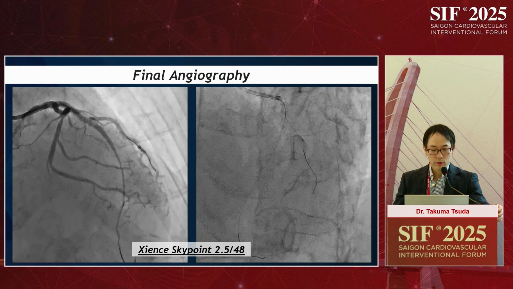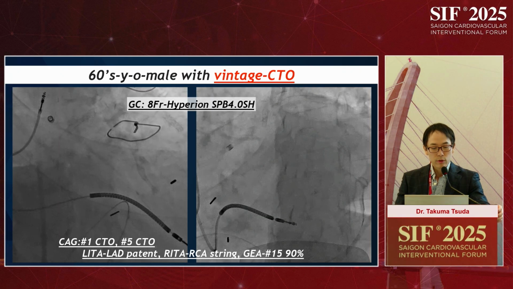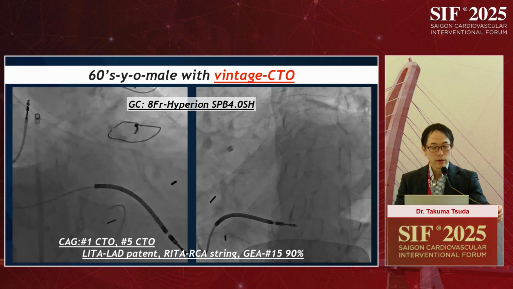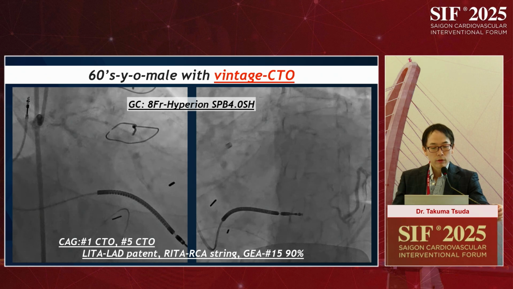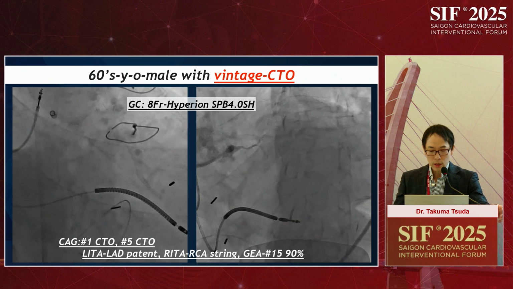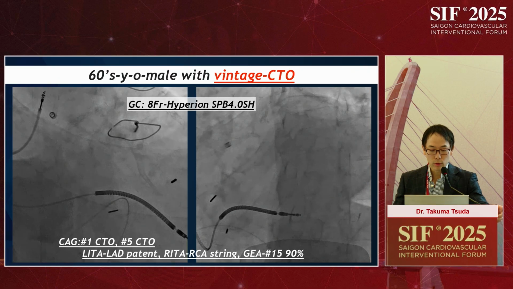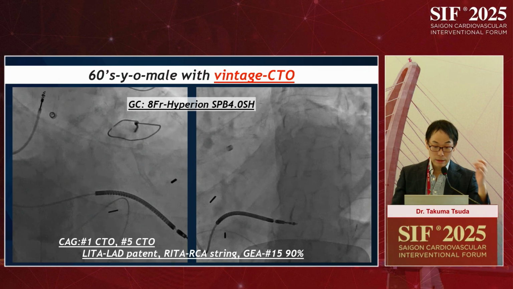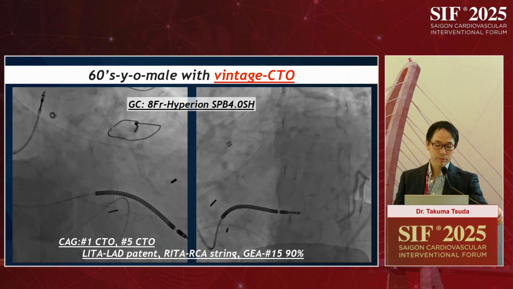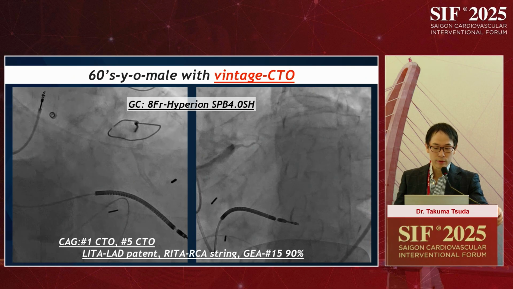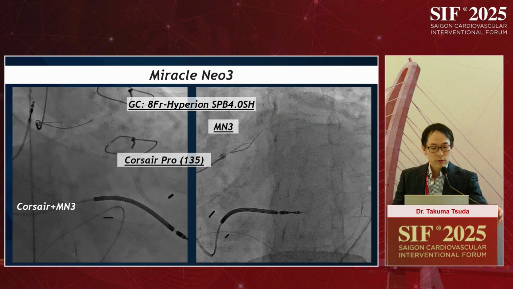Finally, the angiogram clearly demonstrated this big example. In case 2, it's a left main CTO, a very vintage CTO. The bypass graft was occluded, but there was very anatomically tricky collateral demonstrating the CTO exit at the circumflex ostium.